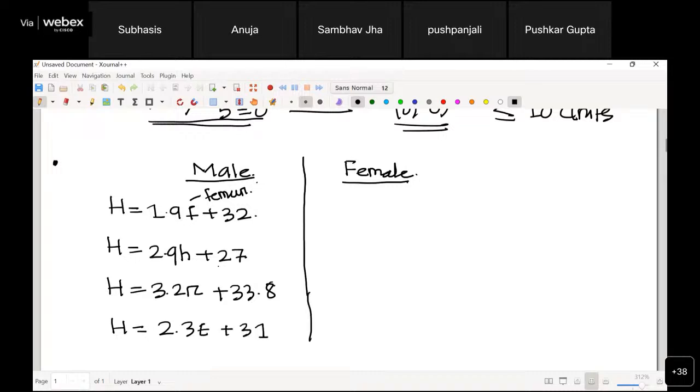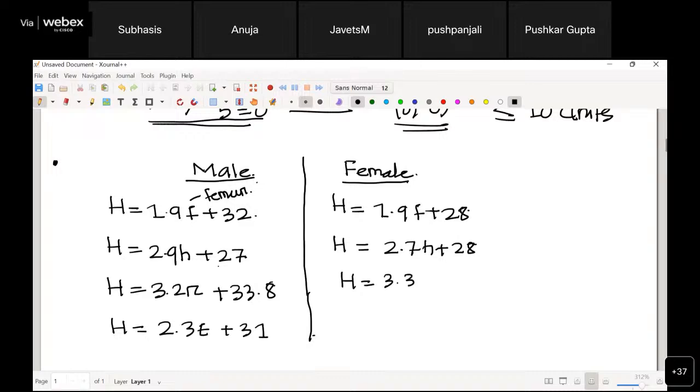Okay, so this is for male, and similarly for female you have plus 28, 32, plus 29. By the way, you don't have to raise your hand, you can simply unmute yourself and ask.